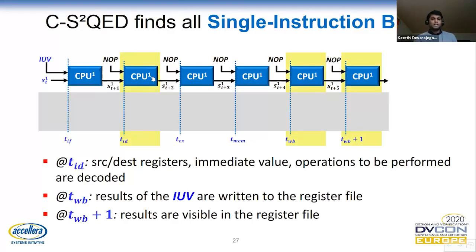So at this clock cycle, we know what this instruction will do in the pipeline. At time point TWB, if it's an add instruction, then the result of the summation is written to the register file at this clock cycle. The value is being written at this clock cycle, but if we probe the register file in the next clock cycle, the value is visible.